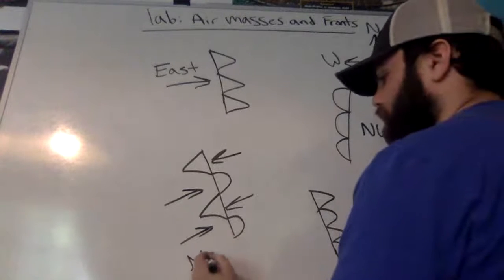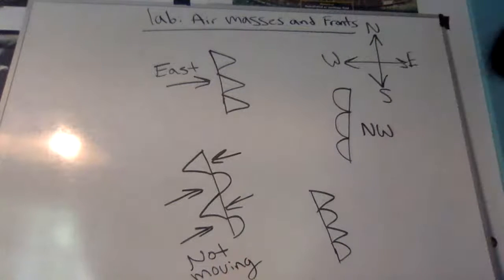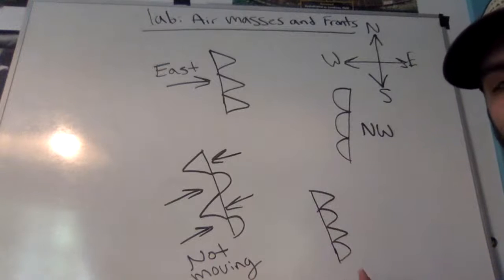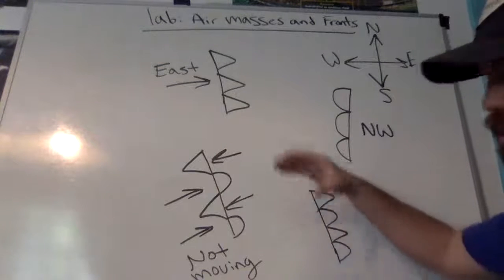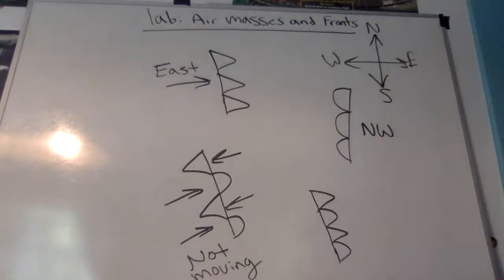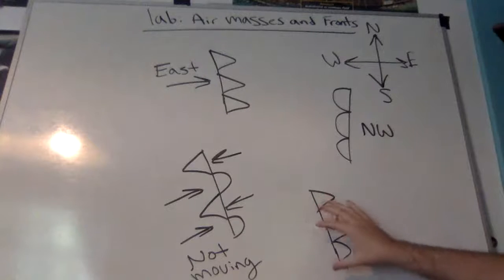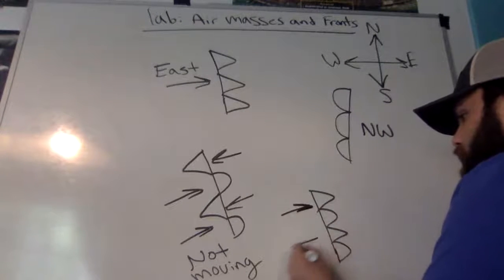So, not moving. And again, I mentioned it in the last video, when you're thinking of stationary, think of a stationary bike, where you can pedal all you want, but you're not moving from that location. And then you have an occluded front, where a cold air mass catches up with the warm air mass, but they're still going in the same direction.